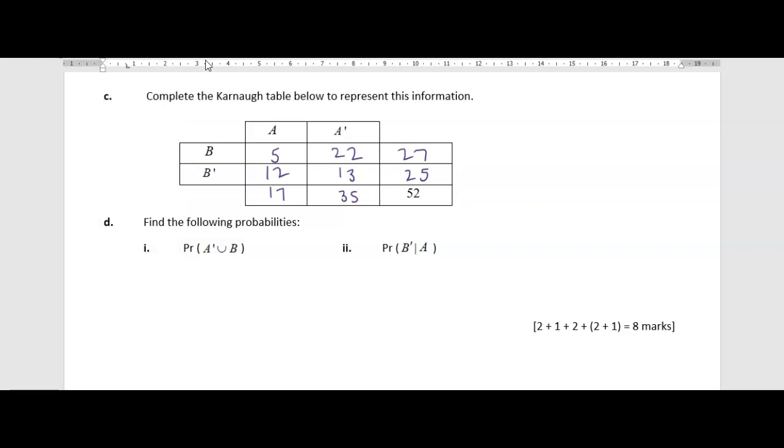So we've got the probability of not A is 35. So 35 students don't like A. And the probability of B is 27. Now, just remember that we're basically looking at this row, sorry, this column.